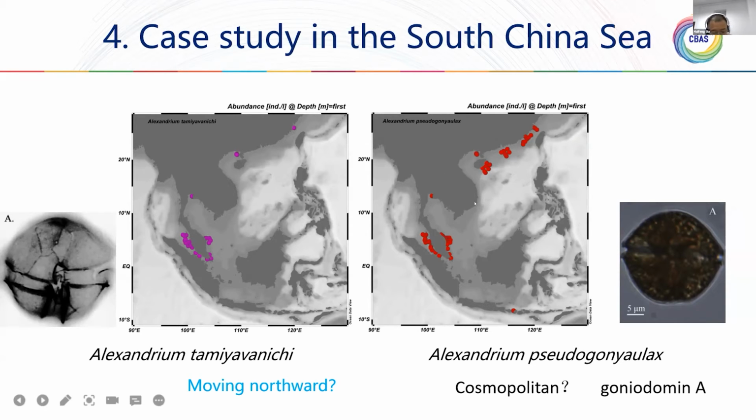Alexandrium pseudogonyaulax does not produce PST, but it is able to produce goniodomin A. It has a wider distribution from temperate areas to subtropical areas, but its occurrence in tropical areas has not been reported.